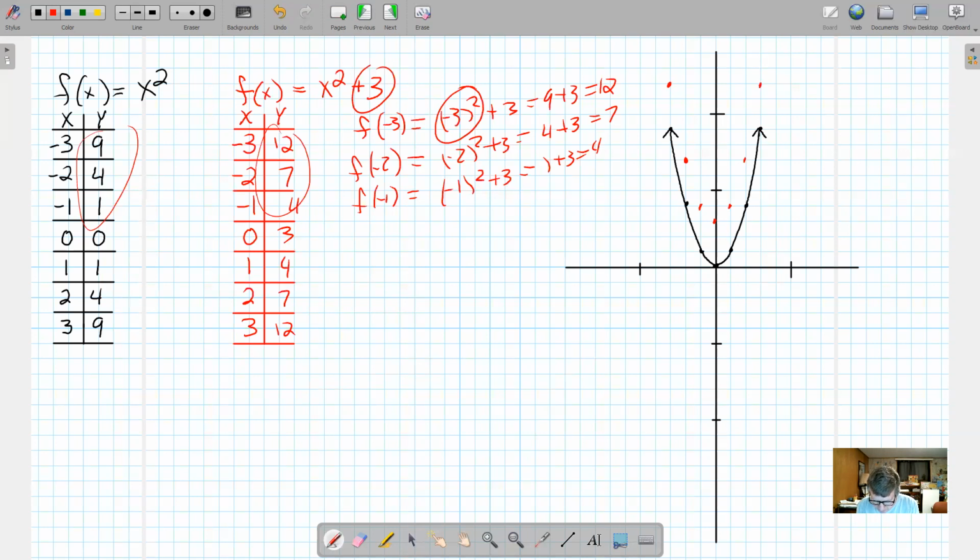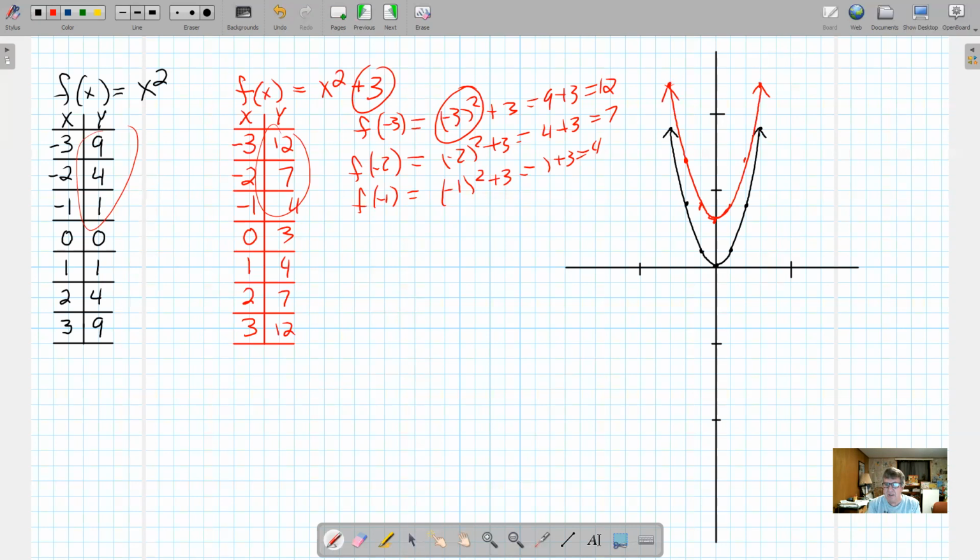And let's see what we get. And graphing that further, we get a picture. It's the same shape as f of x equals x squared.